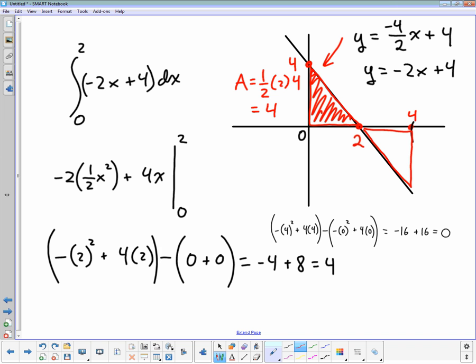If we were to do the same thing down here, let's go from the bounds 2 to 4 and see what happens. What do you expect it to be? Negative 4. Okay. Values above the x-axis are positive values. Values below the x-axis are negative values.